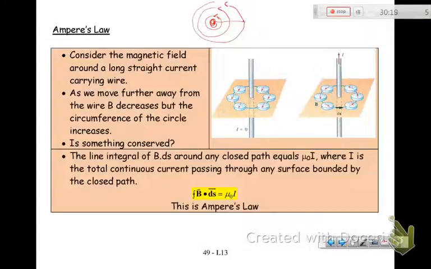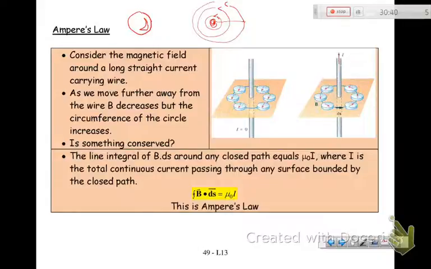When we had Gauss's law for electrostatics, as the area of the sphere got bigger, the electrostatic field strength got smaller, and the two effects cancelled each other. So I had a consistency.